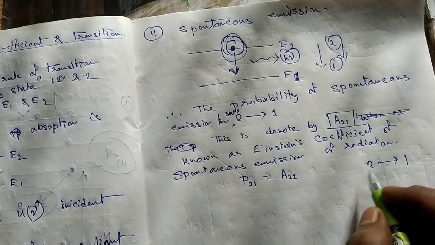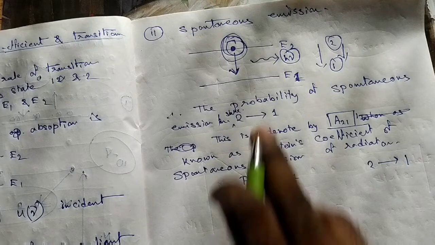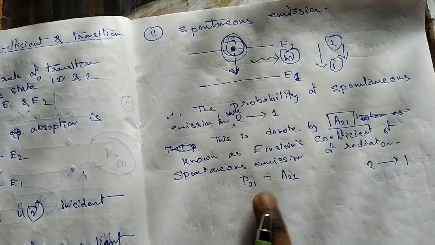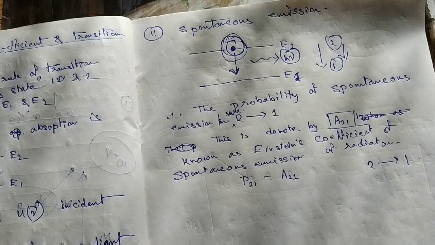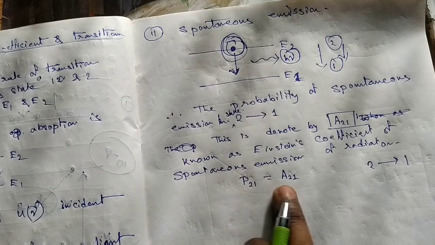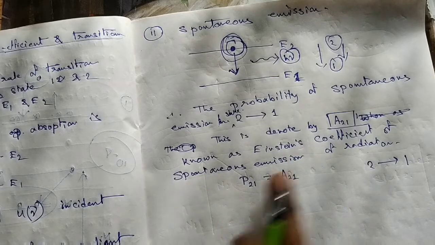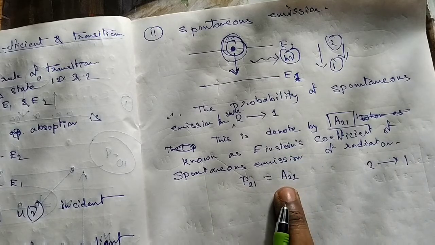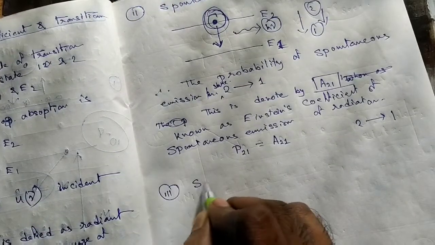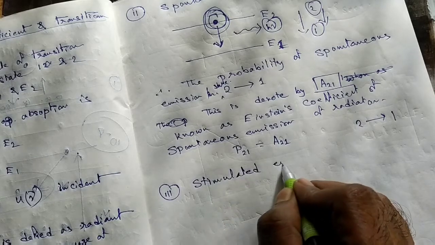Actually the probability of the transition from E2 to E1 is always 1. So the probability for the spontaneous emission is always equal to P21. And now the third case is known as stimulated emission.